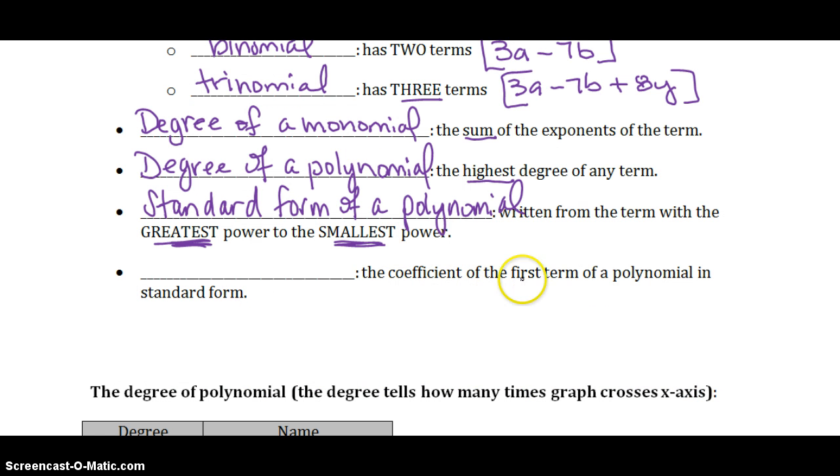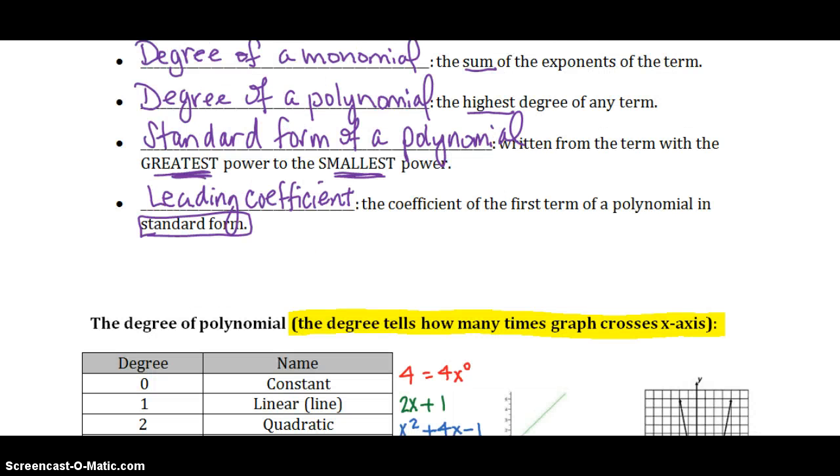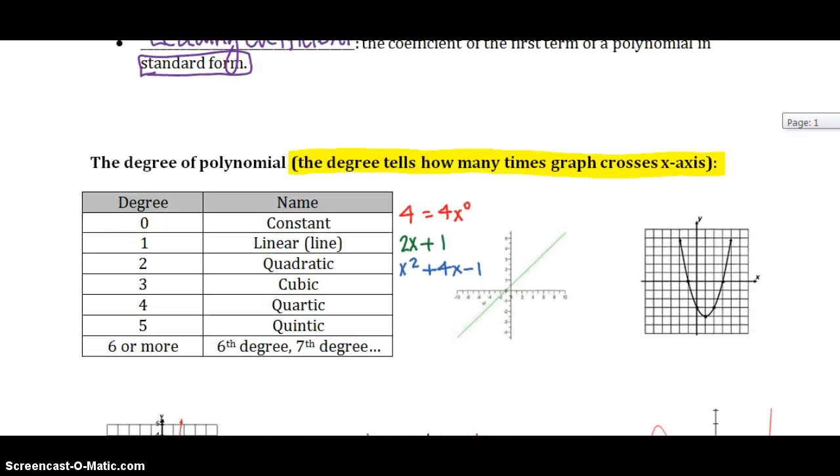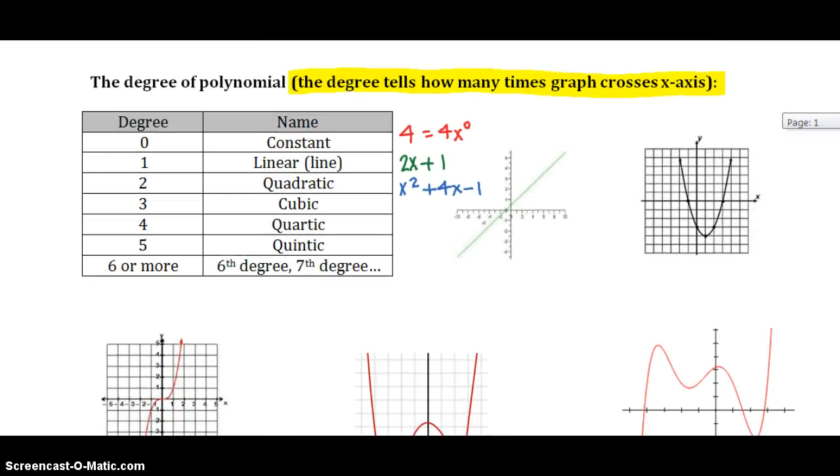And the coefficient of the first term of the polynomial, once you have it in standard form, is called the leading coefficient. Which makes sense. It's the one out front. It's the leader. But you have to make sure first that it's in standard form. Okay, I'm throwing a lot of terms at you, but just bear with me. I hope to make them all make sense momentarily.